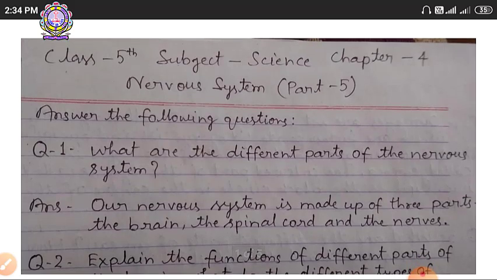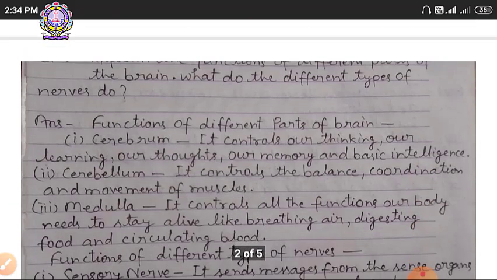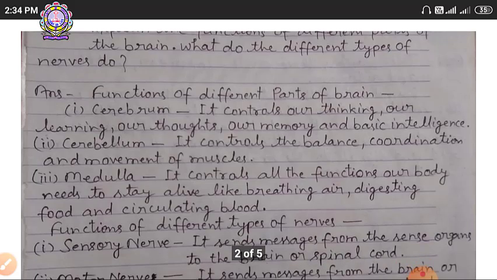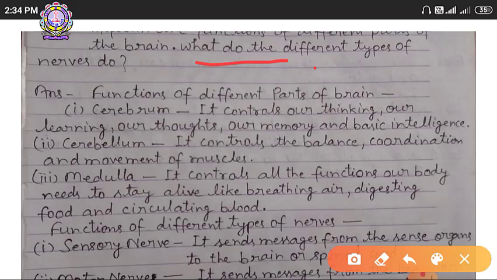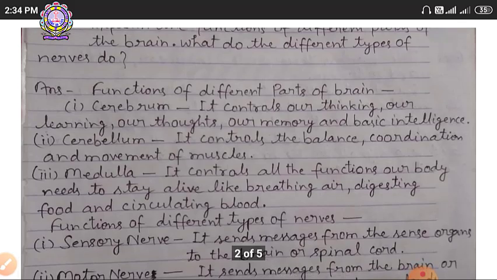First part is explain the functions of different parts of the brain, and the second part is, what do the different types of nerves do? Okay, now see the answer.